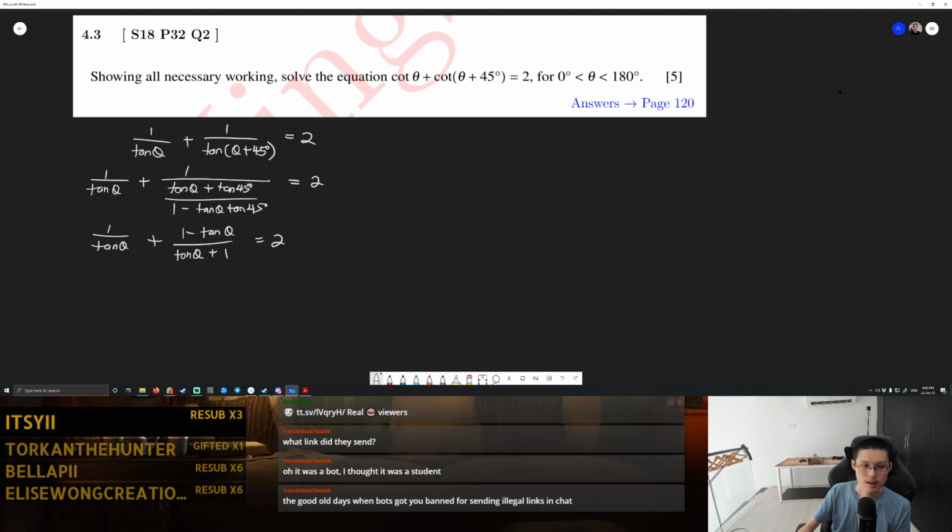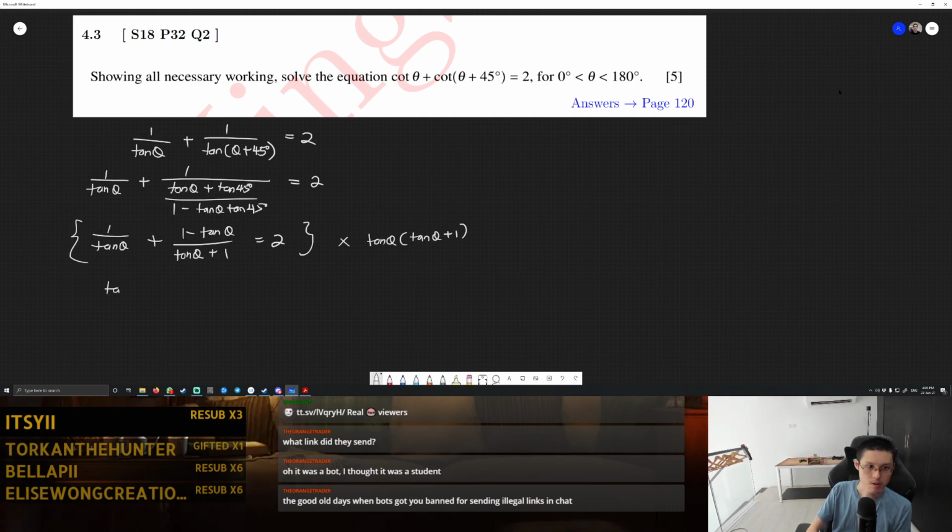And now we can multiply everything by, should we actually do that? Let me think. Yeah, okay. So we can now multiply everything by tangent theta and then tangent theta plus 1. Basically this whole thing we're going to multiply by this amount to get rid of the denominators.